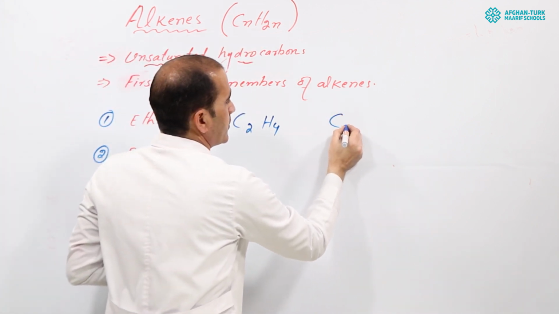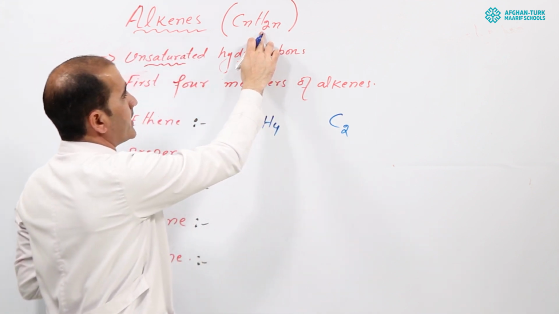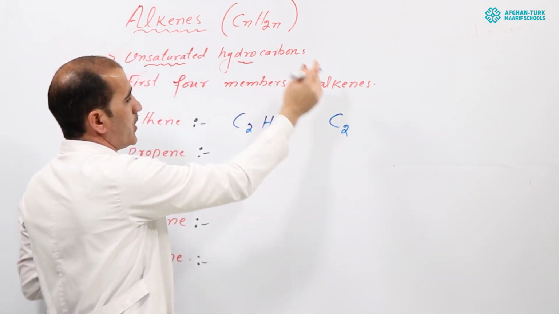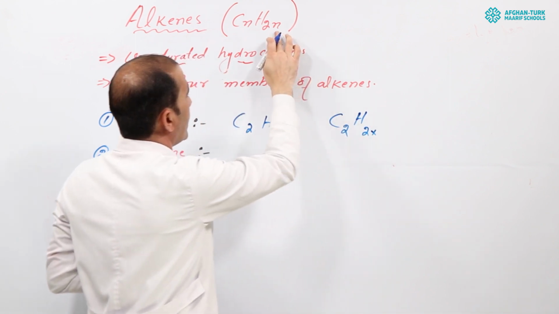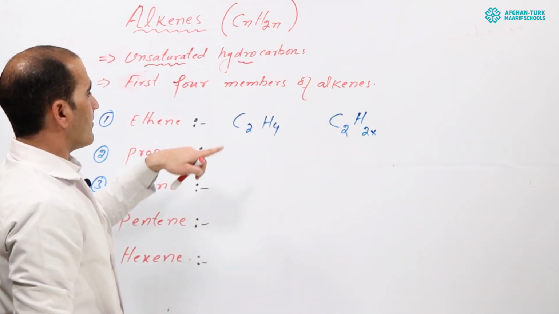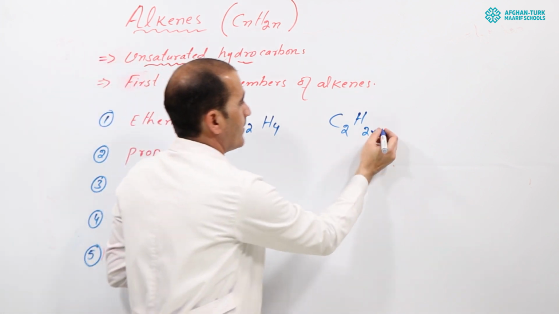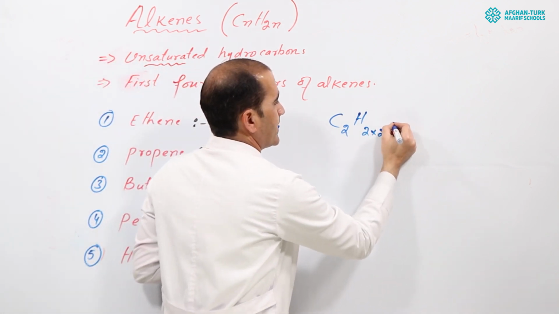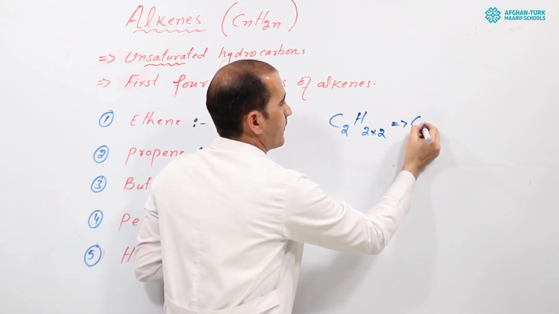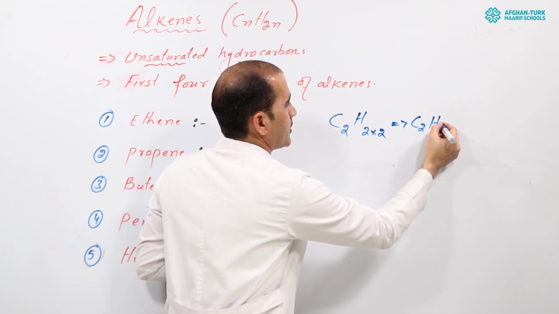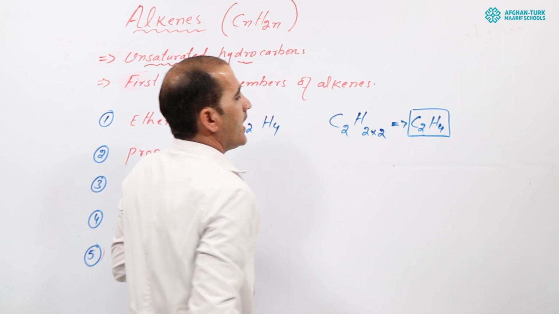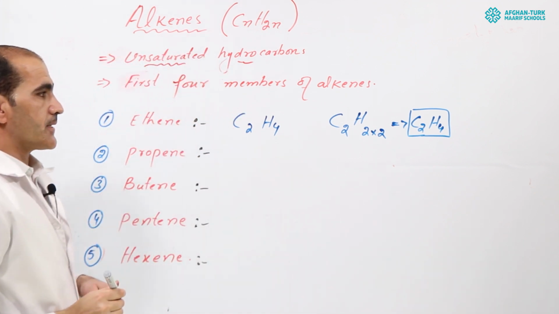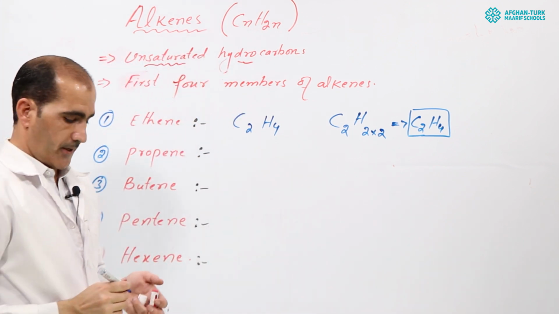So C2, and H is 2 multiplied by n, which is 2 multiplied by 2. As a result, you get the formula C2H4. C2H4 is the formula of ethene, the first member of the alkene family.